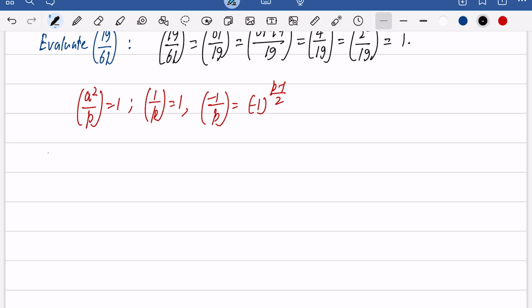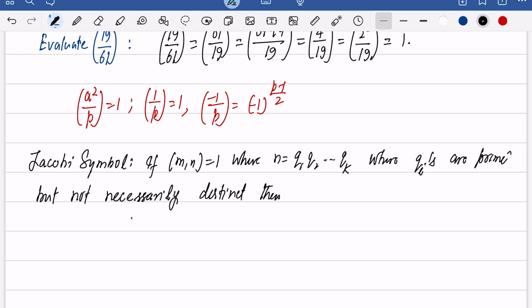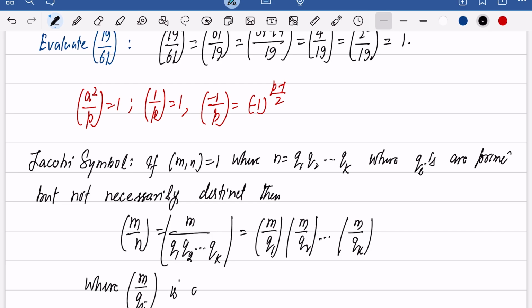Now let's come to the Jacobi symbol. If m and n are relatively prime integers where n is equal to q1 into q2 into qk, where the qi's are prime but not necessarily distinct, then the Jacobi symbol m by n, which is m divided by q1 into q2 into qk, is defined as m divided by q1, which is a Legendre symbol, then m divided by q2, a Legendre symbol, into m divided by qk, where each m divided by qi is a Legendre symbol.